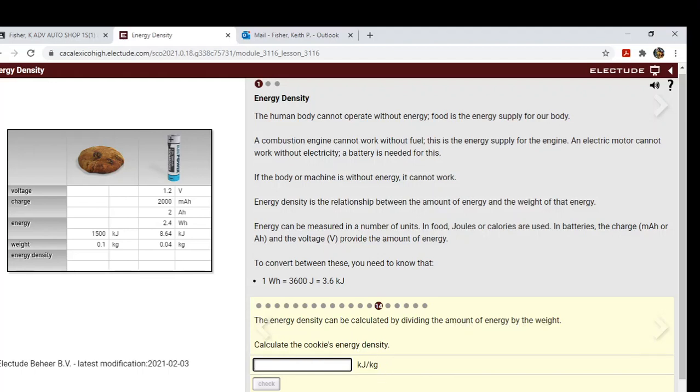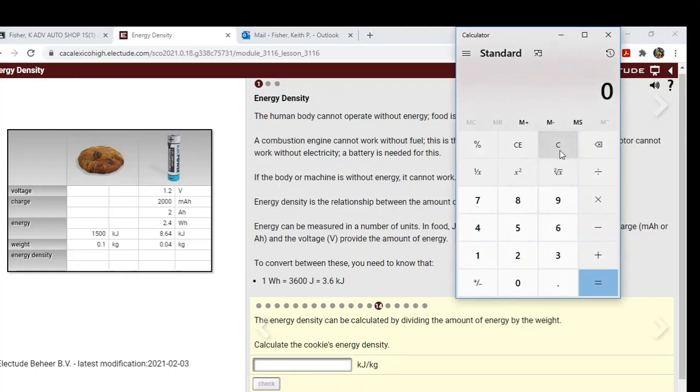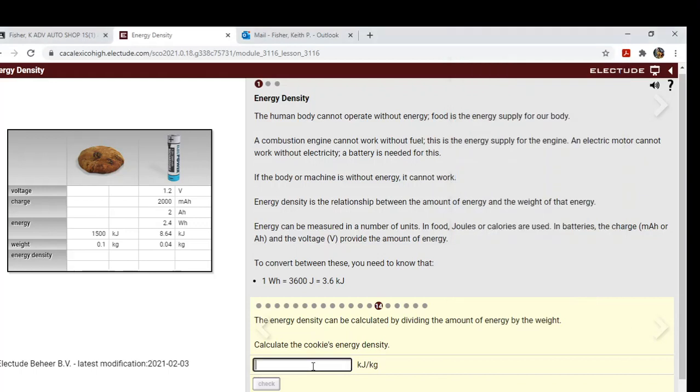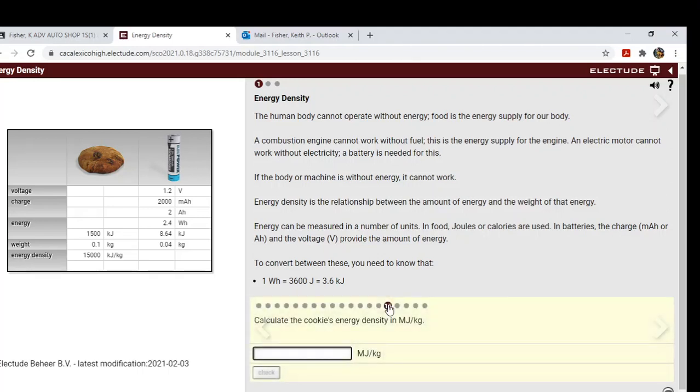So here we need to do another division problem. 1,500 kilojoules divided by 0.1 kilograms. And here you type in 1,500 divided by 0.1, which gives 15,000 kilojoules per kilogram.